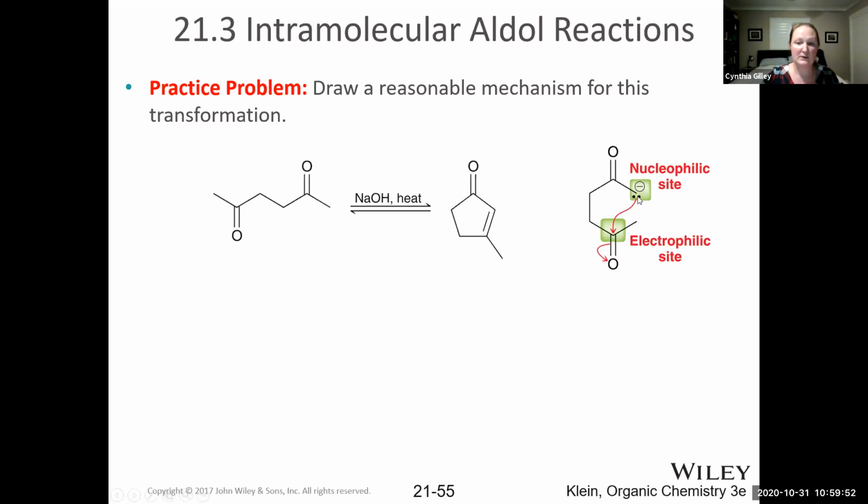So again, you're going to work on forming the enolate from one of the ketones, and then doing a nucleophilic attack, and then continuing the mechanism until you get to the alpha beta unsaturated condensation product. So go ahead and pause and then resume when you're ready.